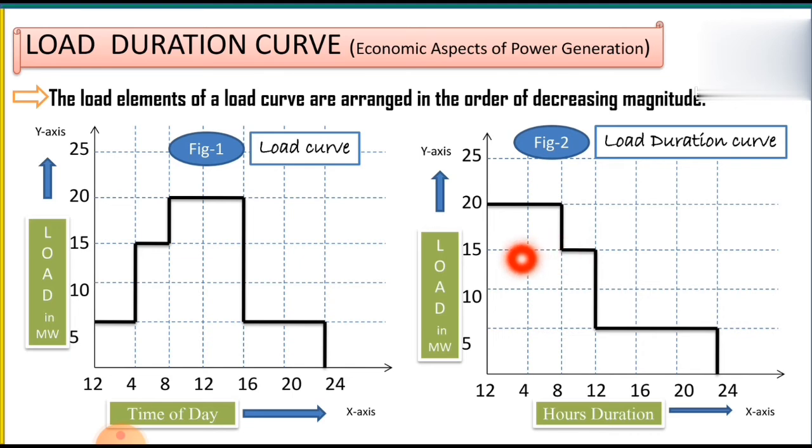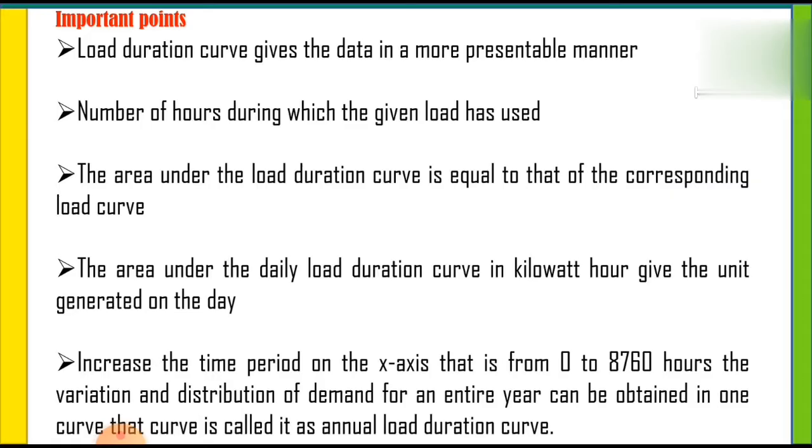In this, the area under the curve does not change, that is, the area under the load duration curve and the area under the load curve are equal. The main important points observed from the load duration curve: it gives the data in a more presentable manner.